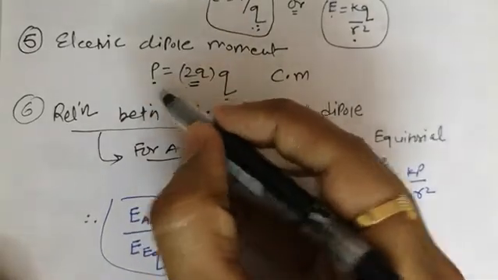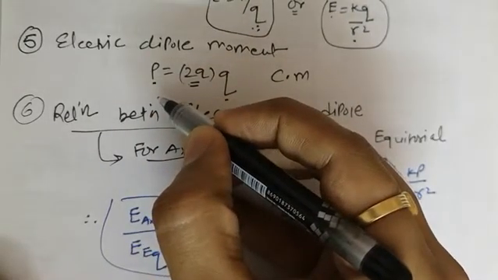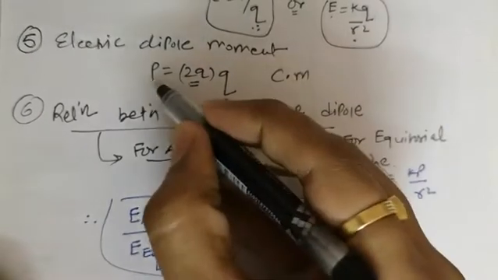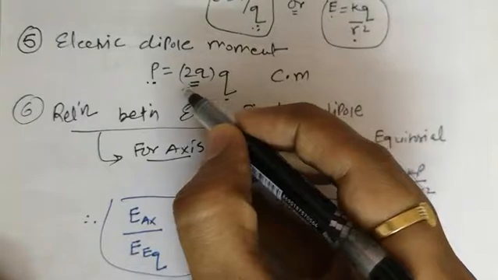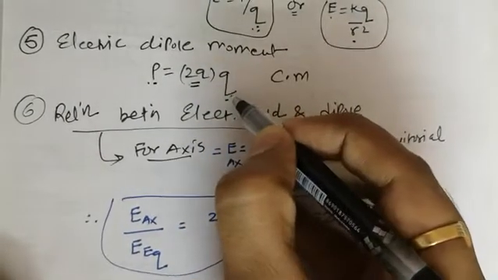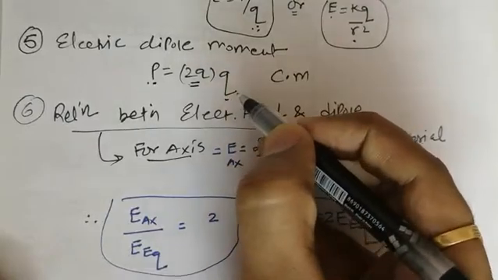P is called the electric dipole moment. In future we will have a magnetic dipole moment as well. For both, the general formula is that 2a is the net distance between the two charges and q is the net charge or positive charge.